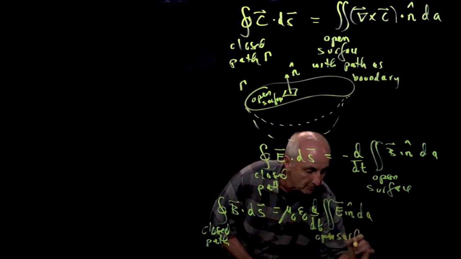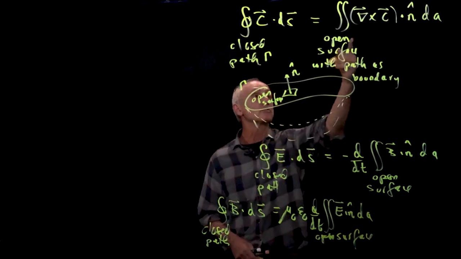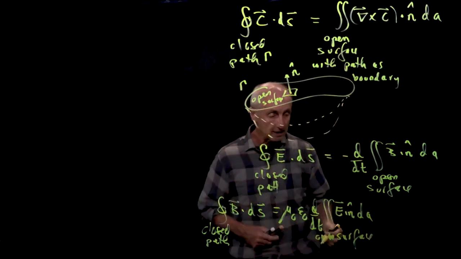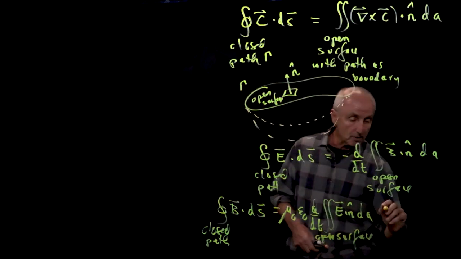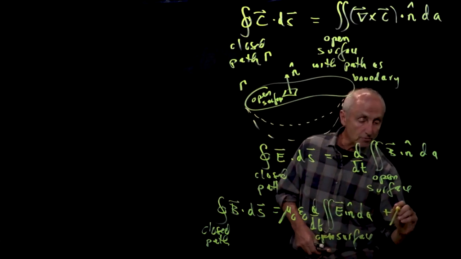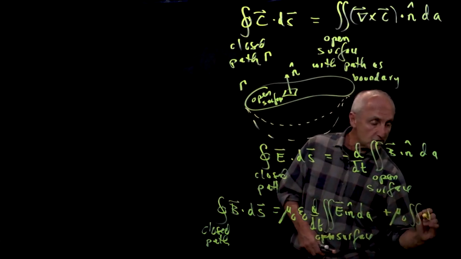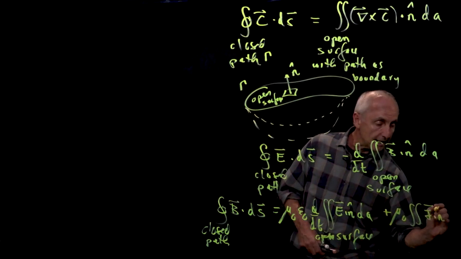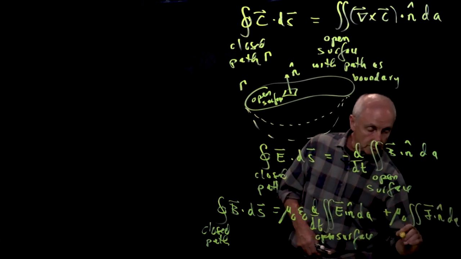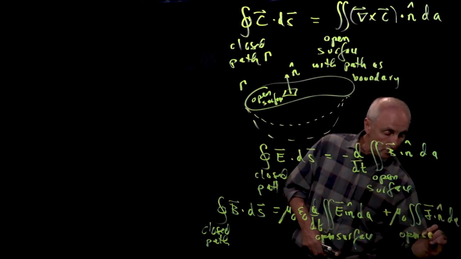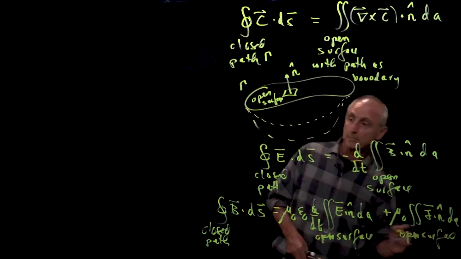I'm not going to write everything else out, but it's the open surface with the path as a boundary. And recall there's a source term, which is the integral of mu naught, the current density J, dot n hat dA, again through that open surface.